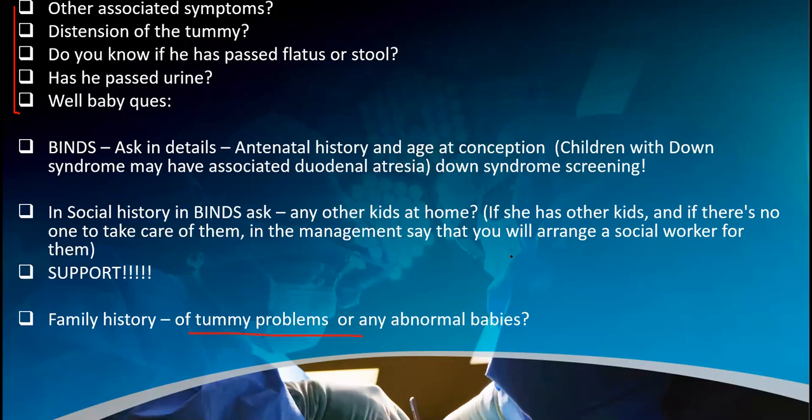So you can ask it. But I would say just one question is appropriate, like ask if you had any Down syndrome screening during the pregnancy or not. That's an important thing, because in this way you will let the examiner know that you know that duodenal atresia is common in Down syndrome. Otherwise everything is the same as before.